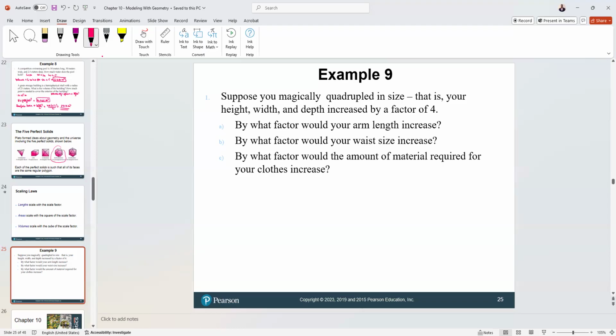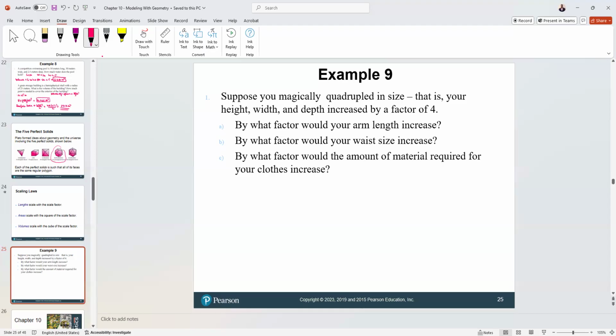Next, by what factor would your waist size increase? Again, your waist size is a measurement of length, so it will also increase by a factor of 4.